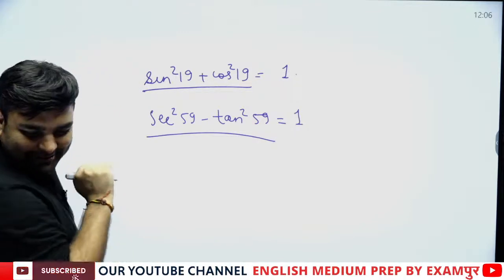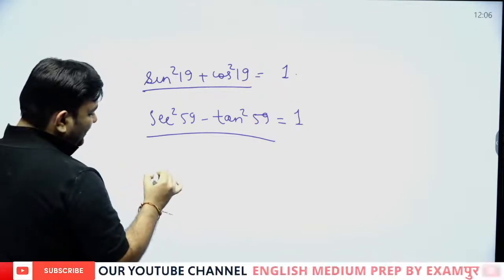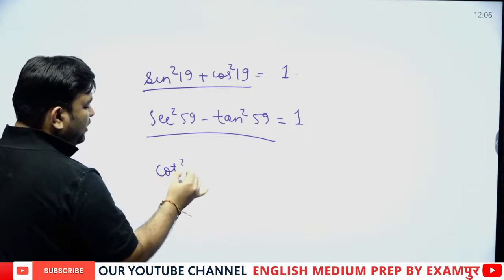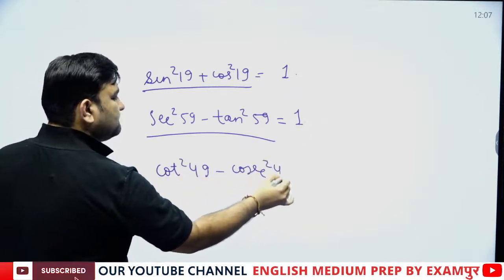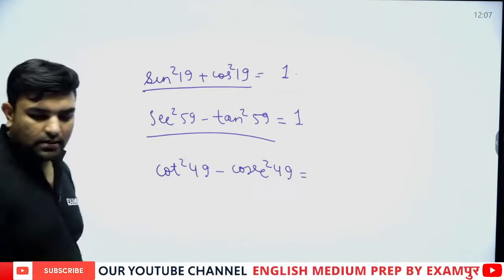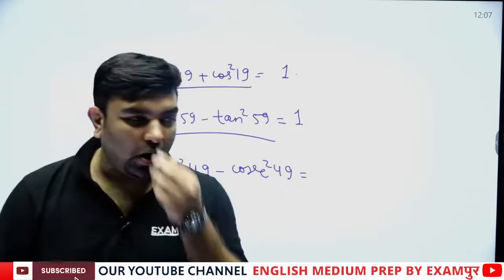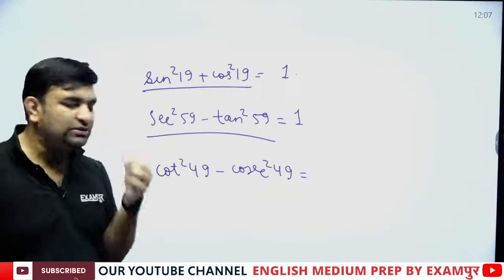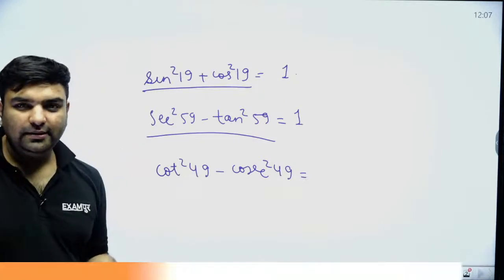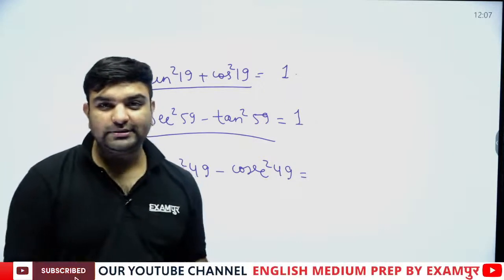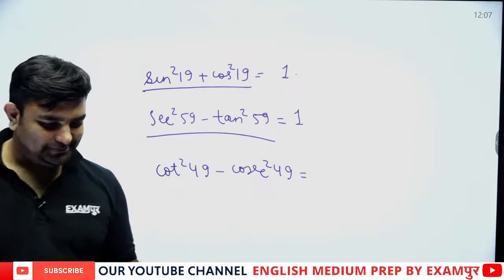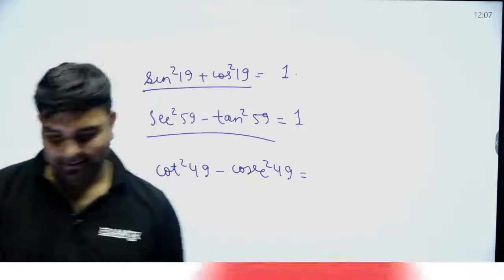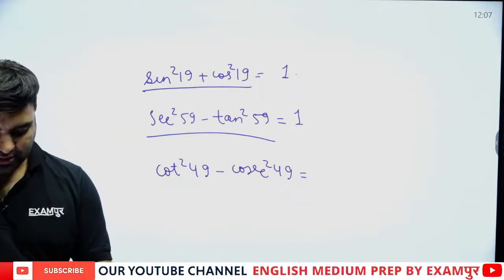Similarly, what is cot square 49 minus cosec square 49? Tell me, guys. Write it in the comment box.